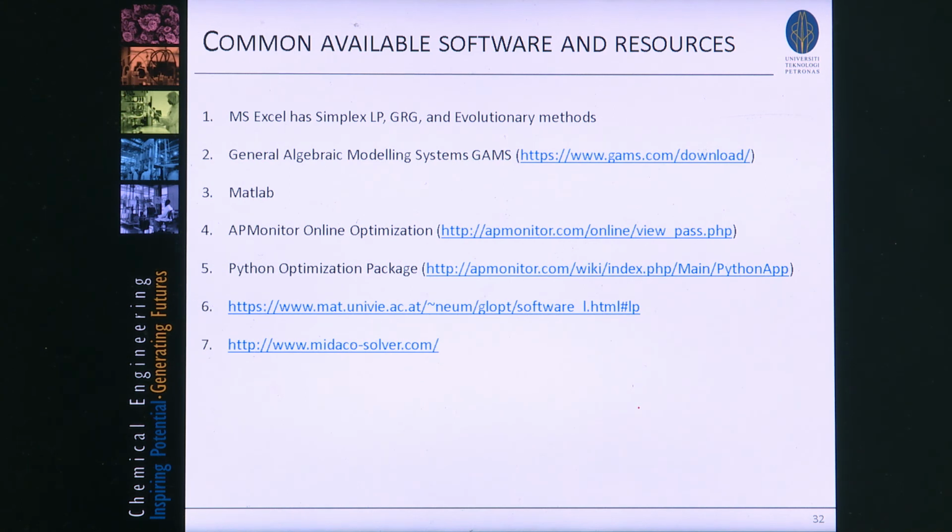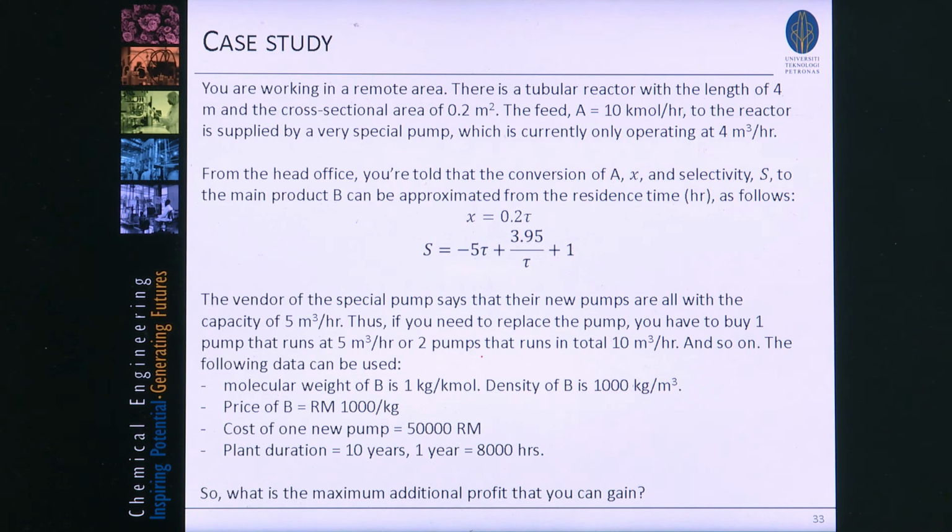We also have the General Algebraic Modeling System, GAMS. We could also have Lingo, and we have MATLAB. We have Epimonitor online optimization. We have Python also for optimization. There are two other resources which you can also look at to solve optimization problems. I think with this I conclude my presentation.